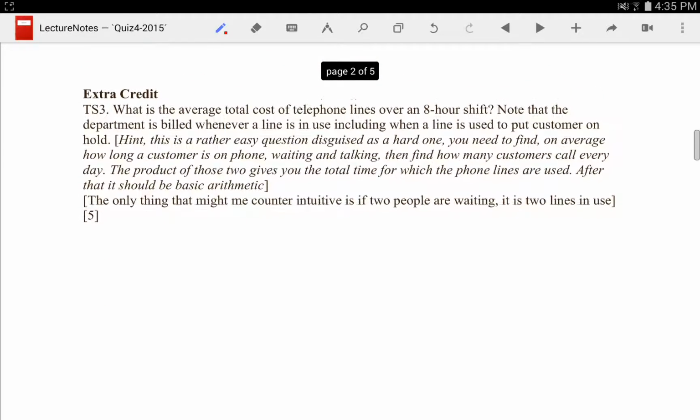Well, this question is, what's the phone bill? And remember, the hold time also counts against you. So first let's get all the facts. Each customer holds for 2.5 minutes and spends another 2 minutes talking to the server, that's talking to Tom. That is, altogether, a customer stays on the phone for 4.5 minutes.